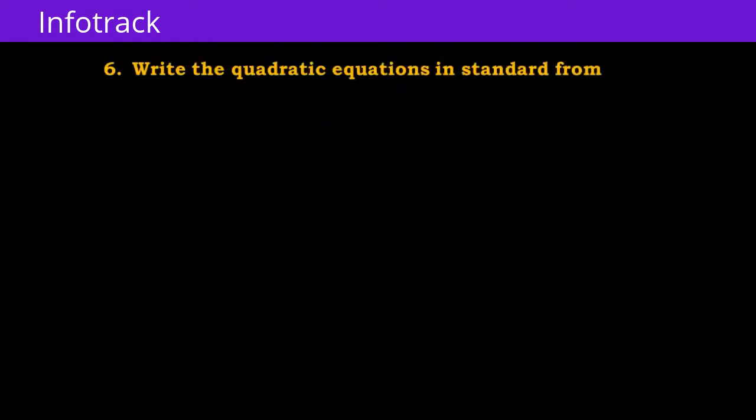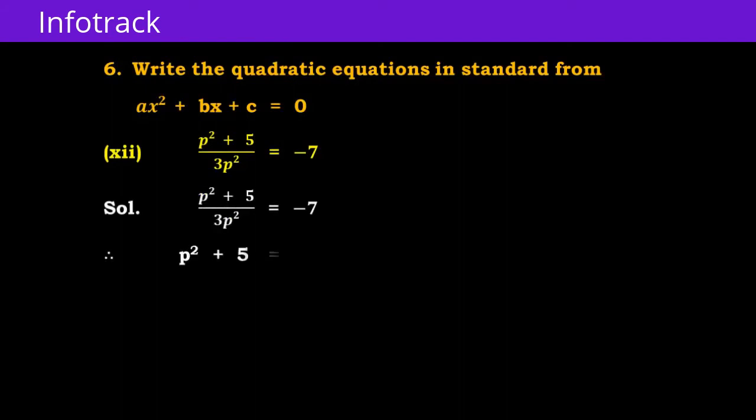Write the quadratic equation in standard form. Again the same question, ax square plus bx plus c is equal to 0. Now we have p square plus 5 upon 3p square is equal to minus 7. Remember, whenever we have to convert an equation into standard form, the denominator is not required. So first multiply the whole equation by the denominator, that is 3p square. On the LHS 3p square gets cancelled. So p square plus 5 is equal to minus 7 into 3p square.